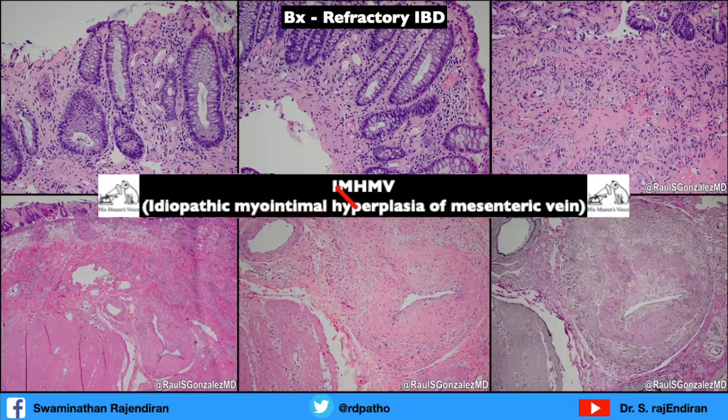So this is a fabulous condition, idiopathic myointimal hyperplasia of the mesenteric vein, where you see a lot of dilated blood vessels of varying sizes, probably venous tributaries or venous branches in the lamina propria. So very characteristic of this IMHMV. And the exact cause is not known.